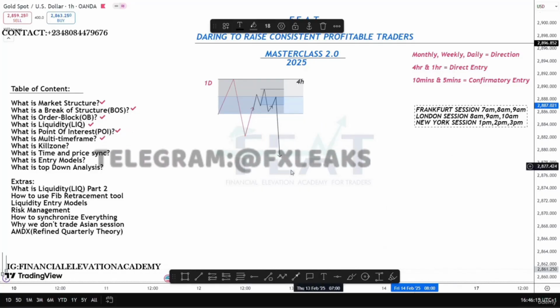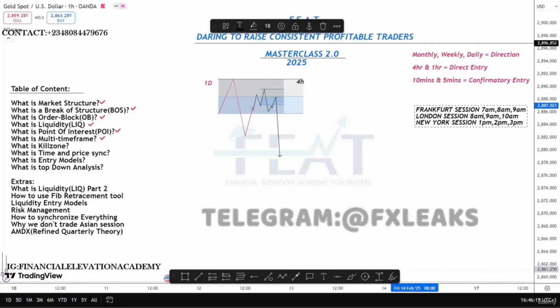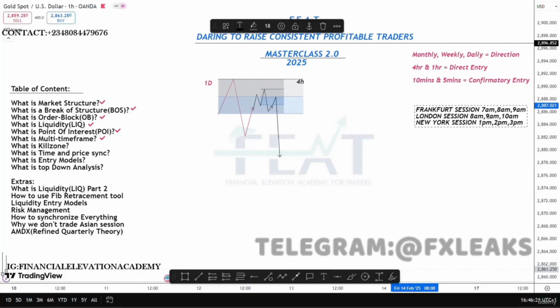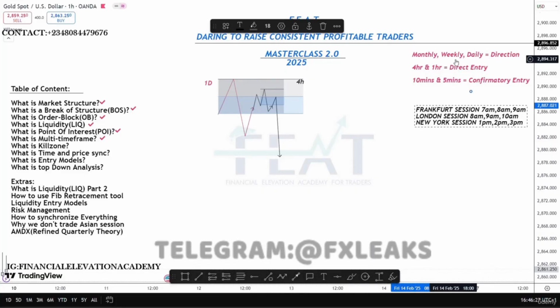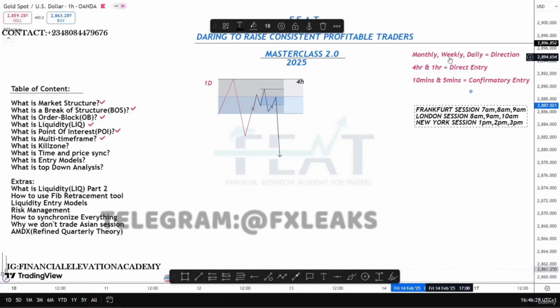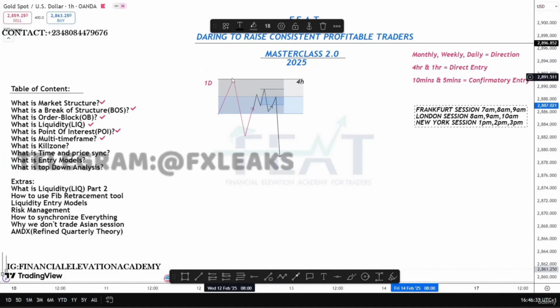So the Killzone is 1 hour before the opening of a session. High probability setups can show up at this time, and so now let's relate this and the entry time frames to what we are seeing on the chart. Now let's say this setup shows up.